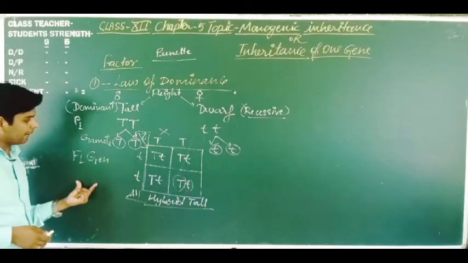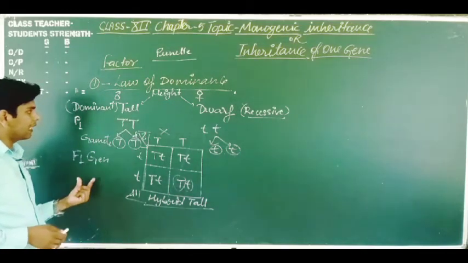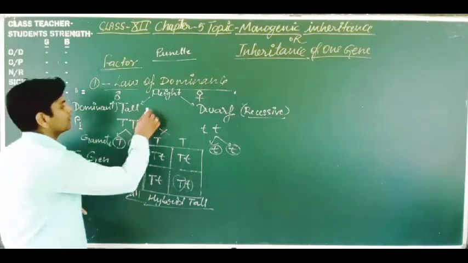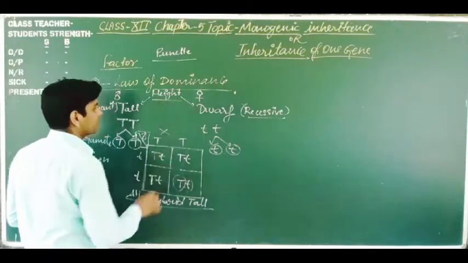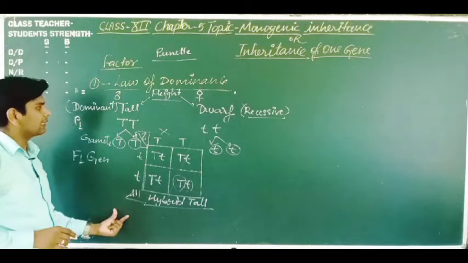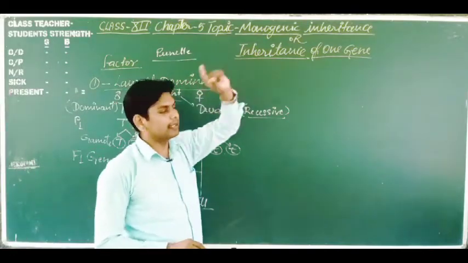So only one character is passing in the F1 generation and we are studying only one character. That is why the responsible gene of height is passing into the next generation. That is why this inheritance is monogenic inheritance, or inheritance of one gene.